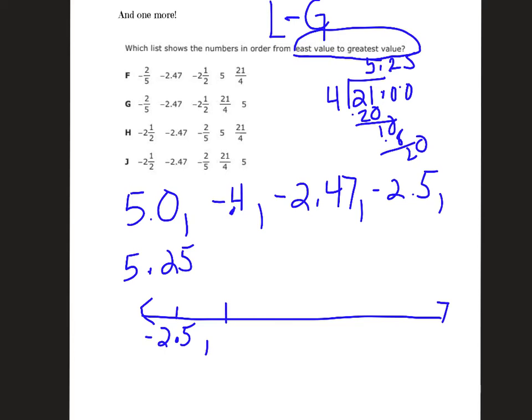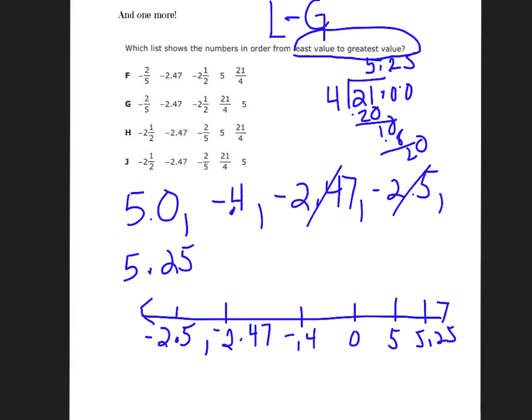Close to it would be negative 2 and 47/100ths. Then we would have negative 4/10. Then we would have 5 and 25/100ths. That's our least to greatest.